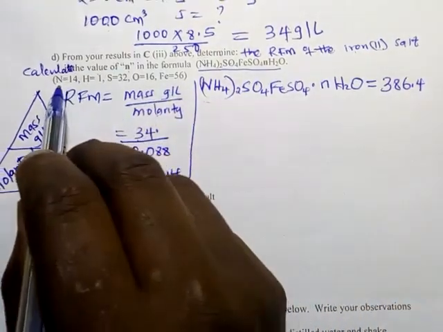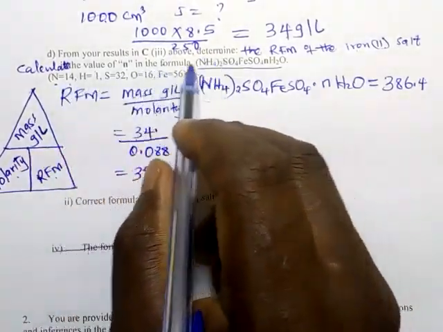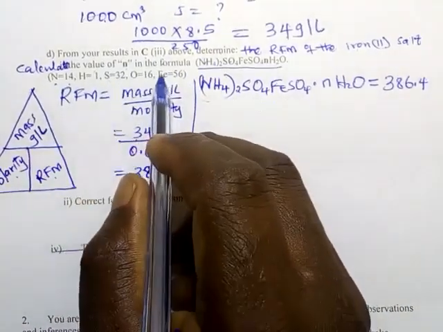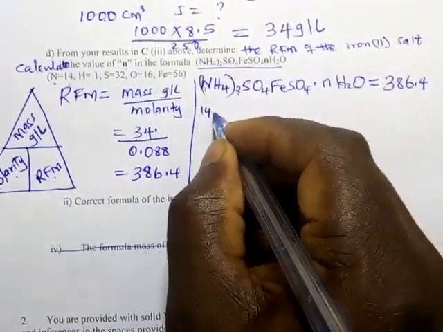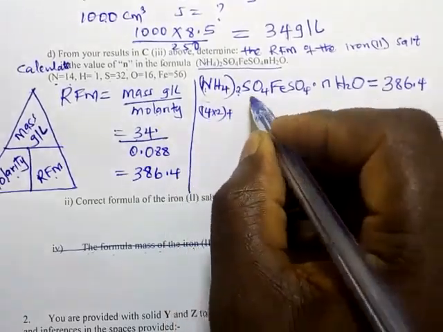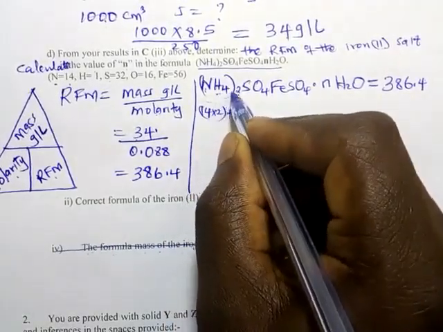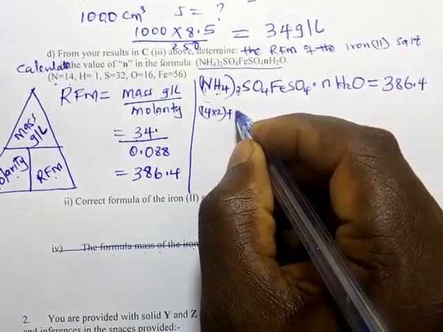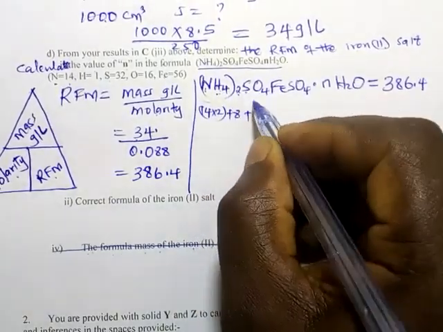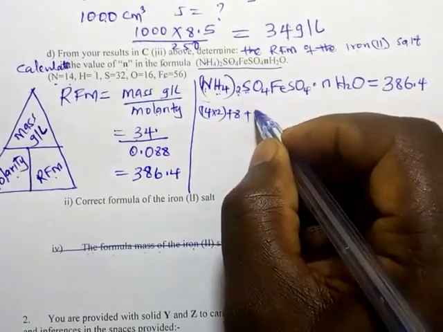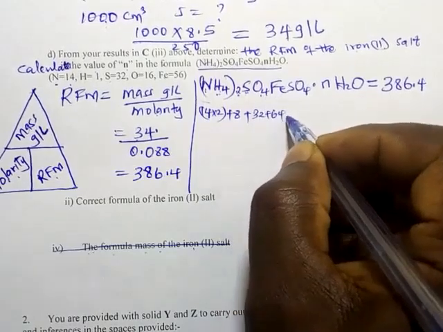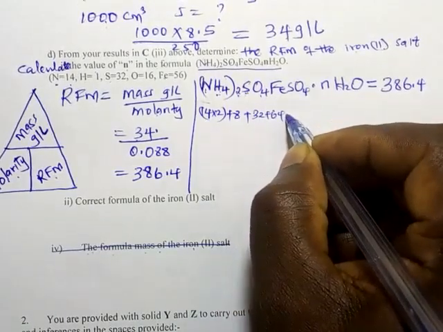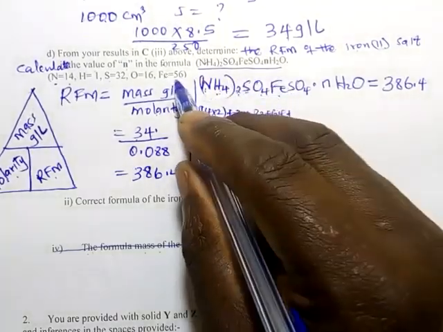But we have been given N for nitrogen is 14. We have the atomic mass of each element here. So this one is 14 times 2, plus hydrogen is 4 times 2, because hydrogen is 1, 8. Sulfur is 32, plus 16 times 4 is 64, plus iron is 56.